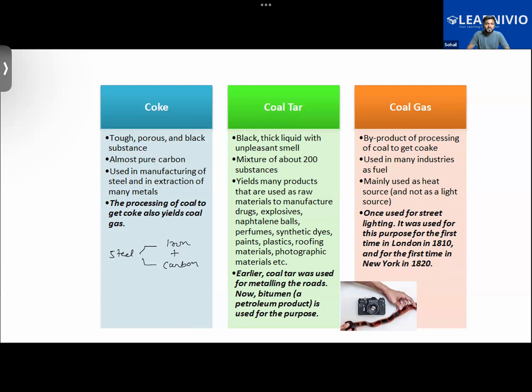Okay, so the question is why roads were metalled using coal tar. What property does it have? The thing is that it has good viscosity. Viscosity, you understand? Yes. Earlier, coal tar was used in road construction.